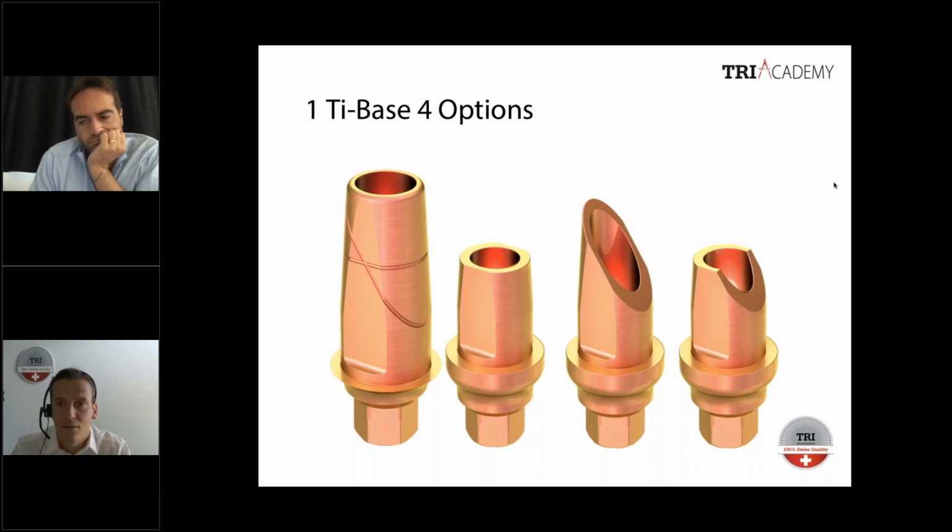And then you have the combination of the horizontal cutting and the angulated cutting on the right side. With these 2 right versions, you can use our angulated screwdriver, which you saw on the slide before, and you can bend your screw channel up to 20 degrees. This is a big advantage, especially in the aesthetic zones.